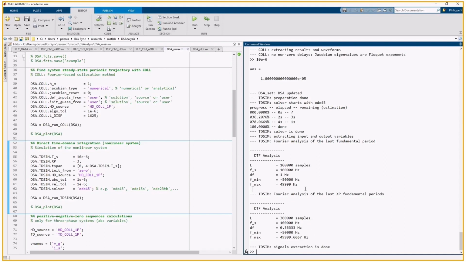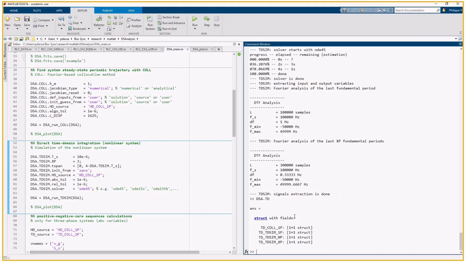Since we have run a time domain simulation, we have access to time domain waveforms. We have more of them, so we have time domain waveforms from the time domain simulation covering one fundamental period. This is the last fundamental period, but also the last XP fundamental periods.